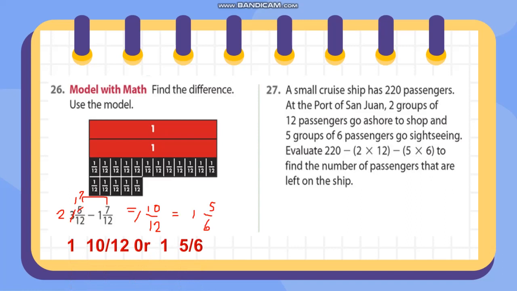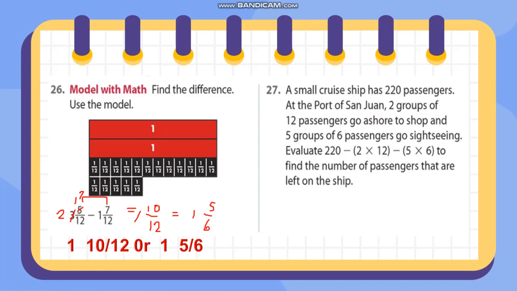Question number 27. A small cruise ship has 220 passengers. At the port of San Juan, 2 groups of 12 passengers go ashore to shop, and 5 groups of 6 passengers go sightseeing. So let's evaluate 220 minus 2 times 12 minus 5 times 6 to find the number of passengers that are left on the ship.